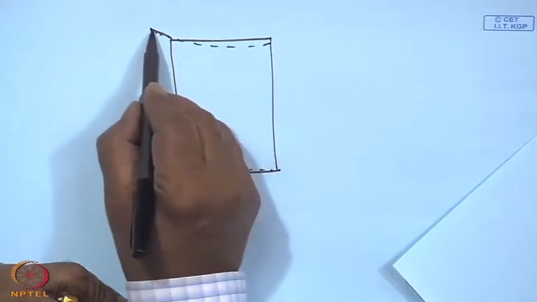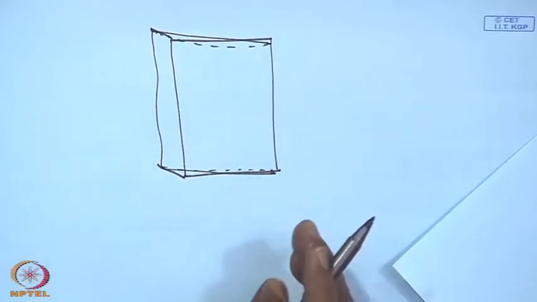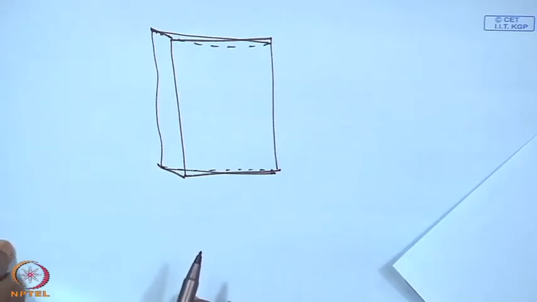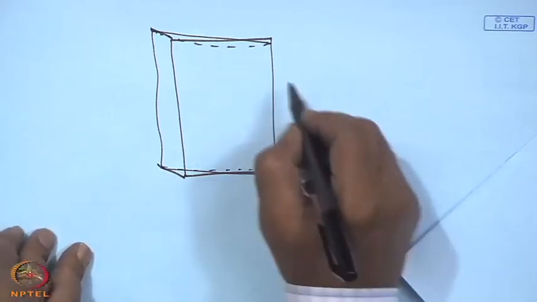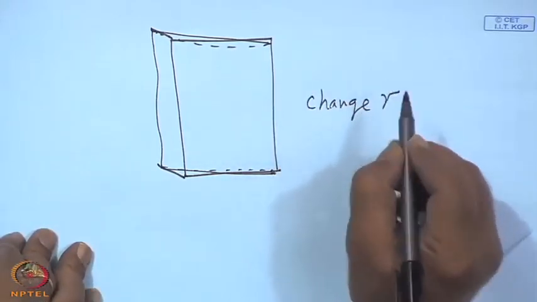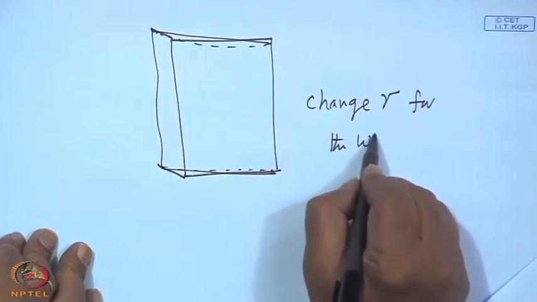So, this will form the shading plane in the case of a wing wall. So, you can say the same thing, in other words, you change gamma for the wing wall.